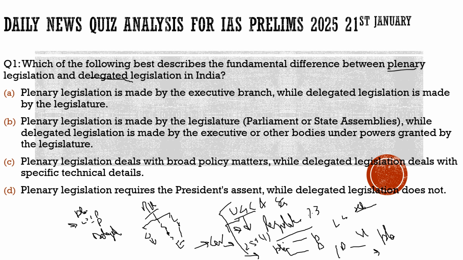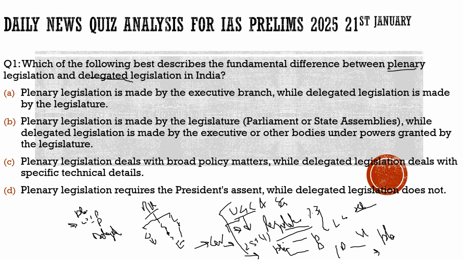But in other judgments from the Supreme Court itself, it has shown otherwise. For example, there is a delegated law, the UGC has come up with regulation 7.3. Suppose they put it in the Parliament, it is passed by the Lok Sabha, it is passed by the Rajya Sabha, and the president gives assent to this regulation.